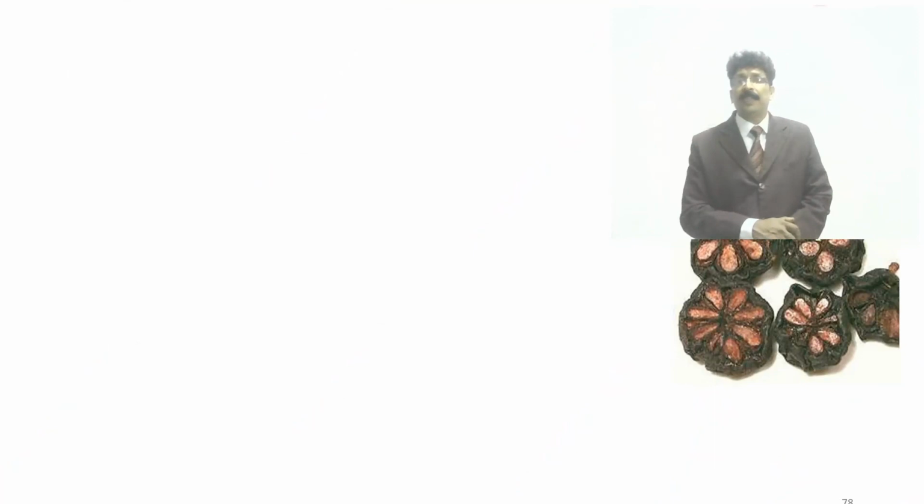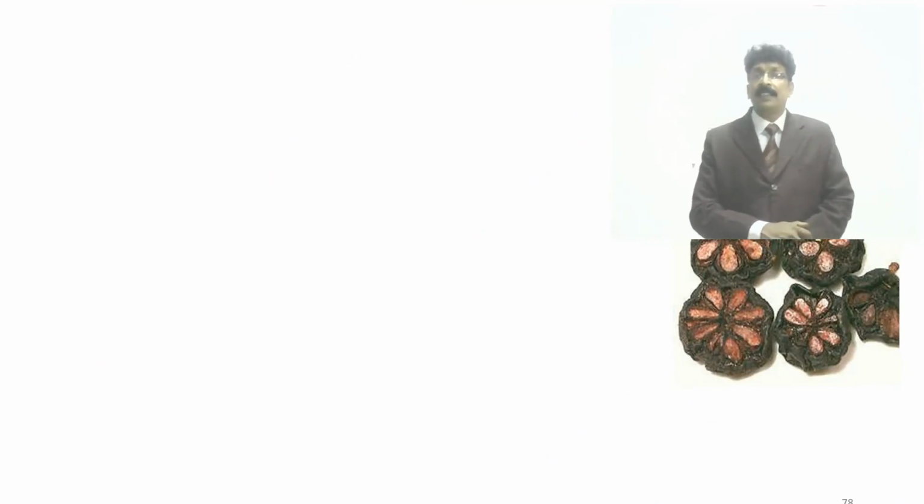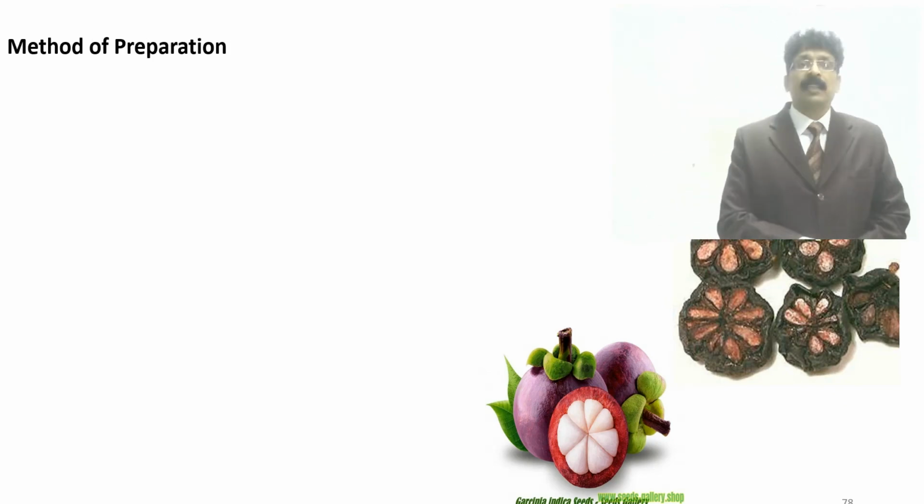This is the fruit. See the gynoecium arrangement, how the lobes are uniformly arranged. Some of them are 7, some are 8 lobes, but 7 lobes is the correct one.